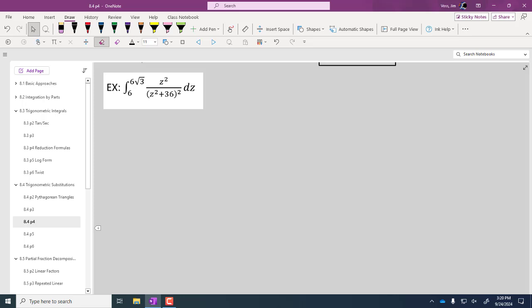First step, factor out the 36. So factor out the 36. Remember that 36 is in the denominator, and whatever the power on it is needs to come along with it.